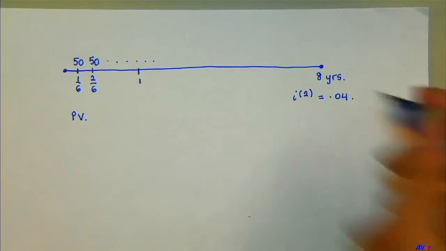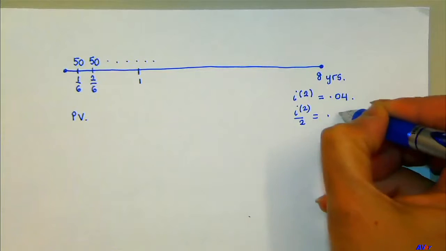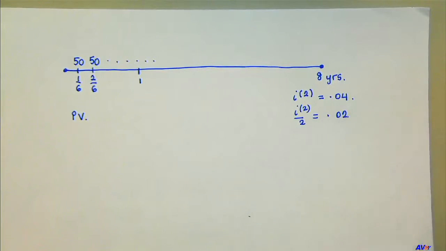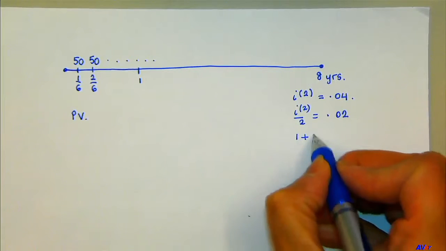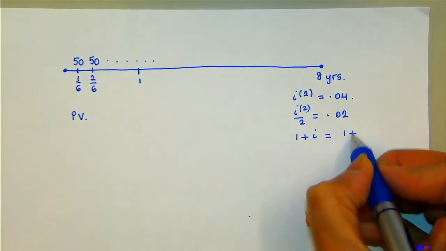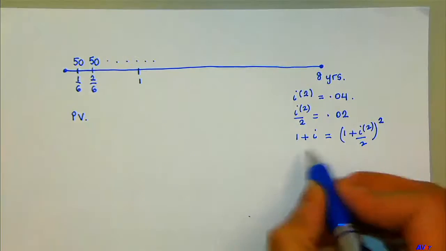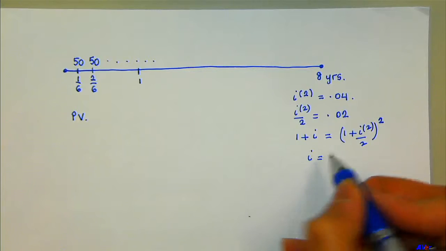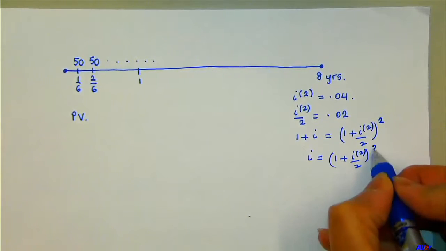So the first thing I have to do is i(2)/2 equals 2%, and then I'll find i. 1 plus i equals (1 plus i(2)/2) to the 2, and then bring the minus 1 to the other side. So i equals (1 plus i(2)/2) to the 2 minus 1.